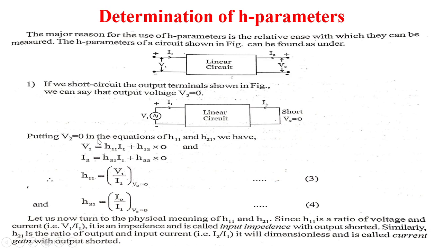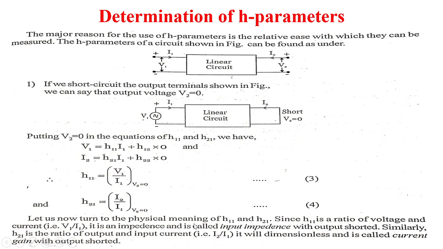Putting V2 equal to 0 in the equations, we get V1 equal to H11 I1 plus H12 into 0 and I2 equal to H21 I1 plus H22 into 0. Therefore, H11 equal to V1 upon I1 with V2 equal to 0 and H21 equal to I2 upon I1 with V2 equal to 0. Let us now turn to the physical meaning of H11 and H21.